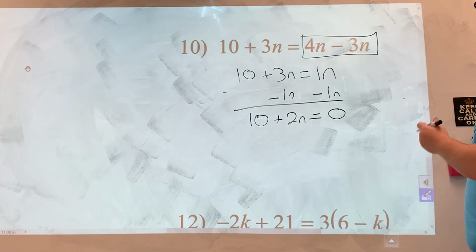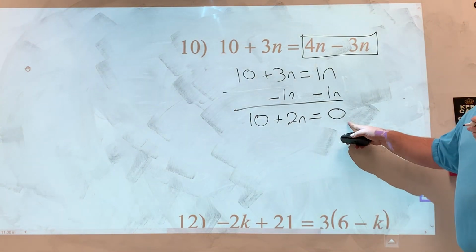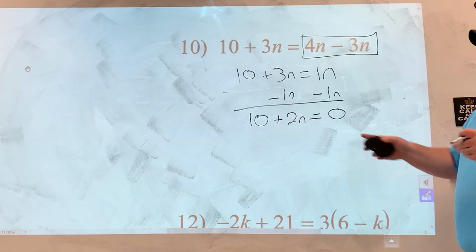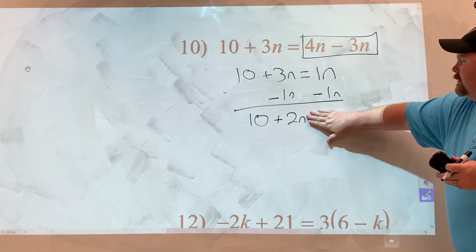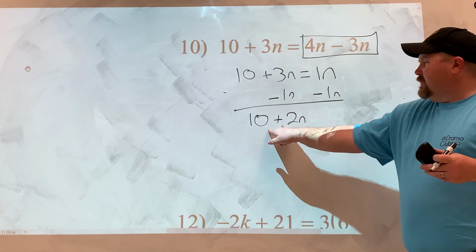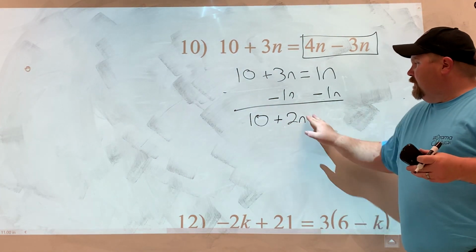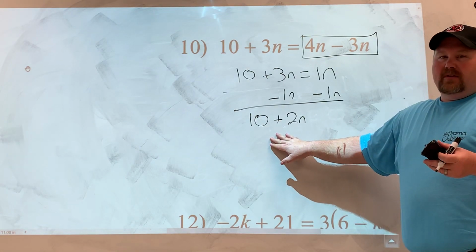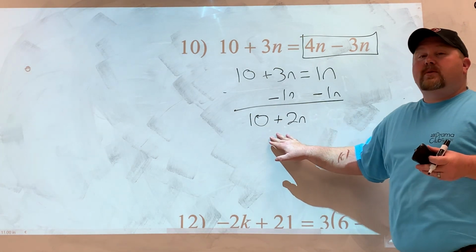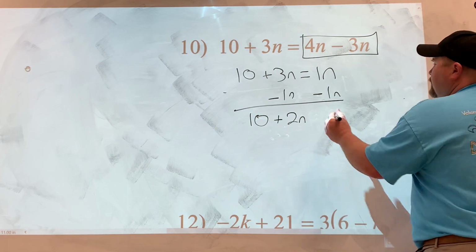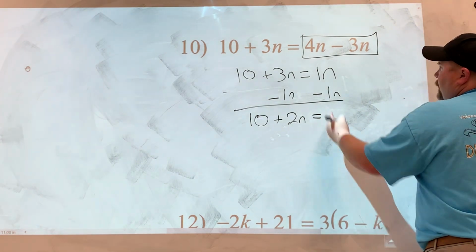You have to put that 0 placeholder in there. And you do not stop. Many of you do this. You get right here and you start focusing on this and you just go ahead and you start dividing. Notice, if you've done this, there's not even an equal sign in the problem. It's no longer an equation. There's no equation if there's no equal sign. Please don't do that. Keep that equal sign in there.